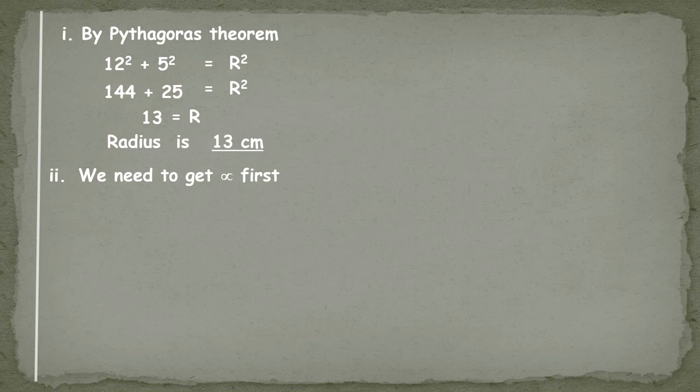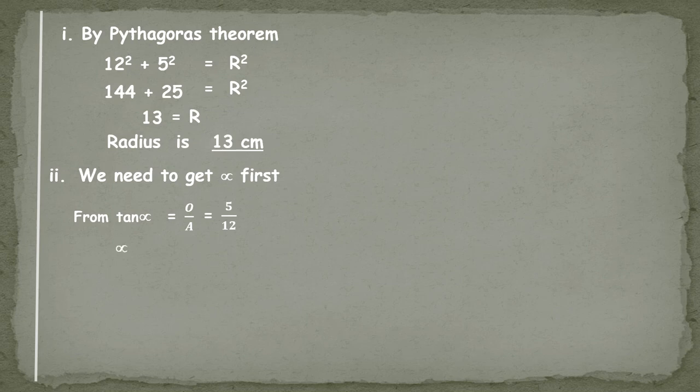Now to get the angle, we need to get the angle alpha first. From our trigonometry, tan alpha is given as opposite over adjacent. Our opposite is 5, our adjacent is 12.